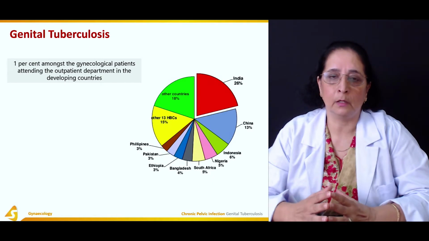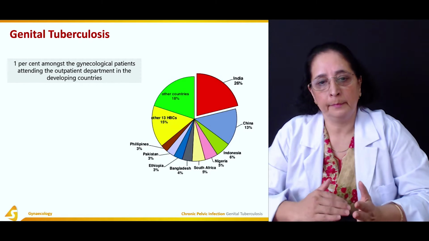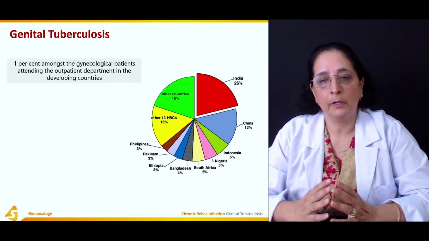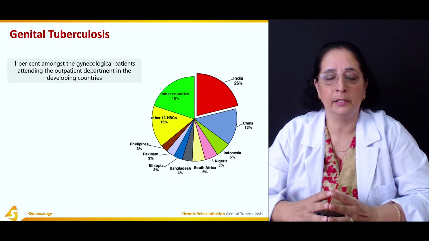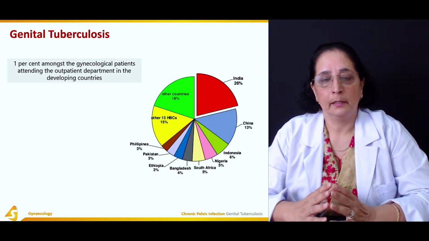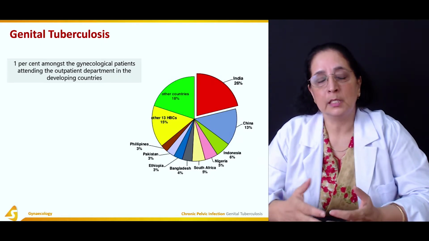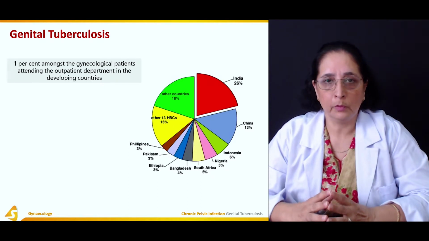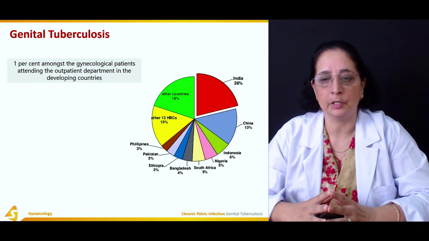It had almost disappeared before, but now it's on the rise because of different infections like HIV and in different immunocompromised conditions that can activate the tuberculosis if it's present in the latent stage in the patient. So tuberculosis is on the rise again in developing countries.